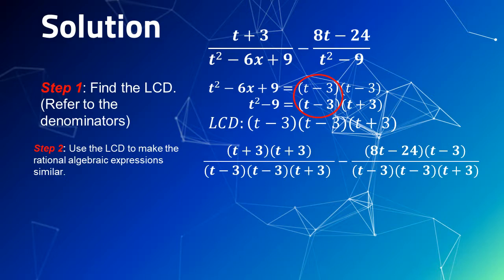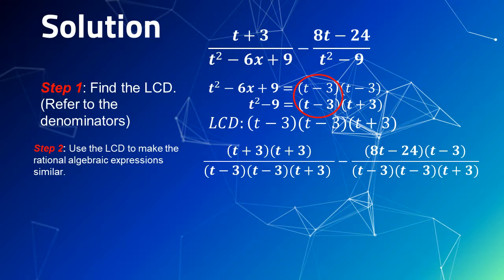For the second step, we're going to use the LCD to make the rational algebraic expressions similar. To do that, copy the denominator; this LCD is copied. Then we're going to divide the LCD by this denominator. The factored form of this one is this one, so we're just going to go directly with this.